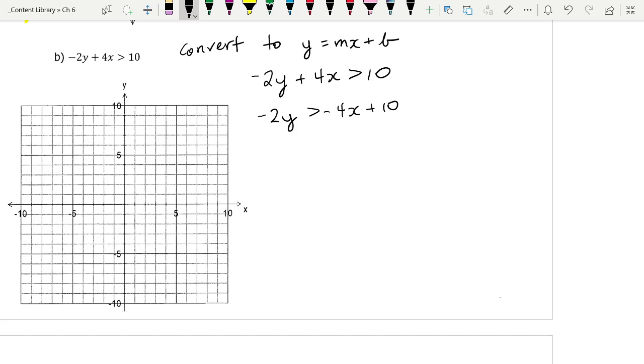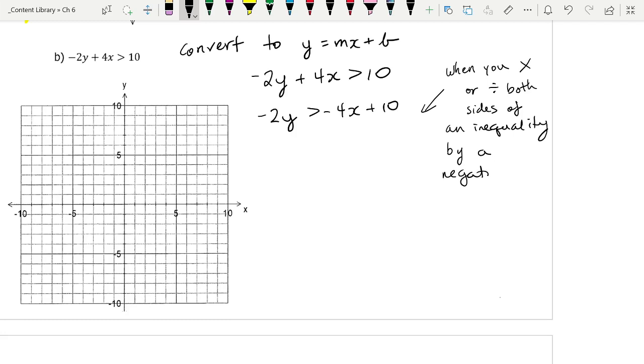Done. Now, what step will isolate my y? I have to divide both sides of the equation by negative 2. And when you multiply or divide both sides of an inequality by a negative, what happens?